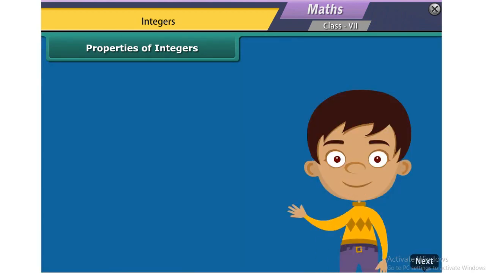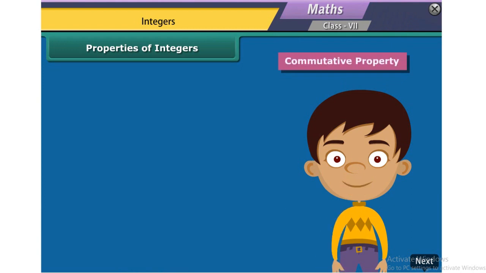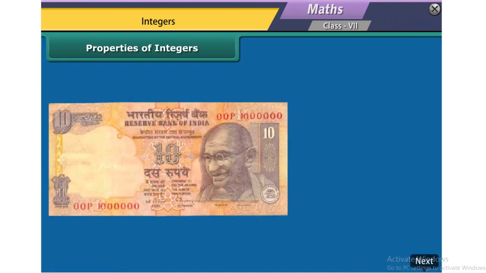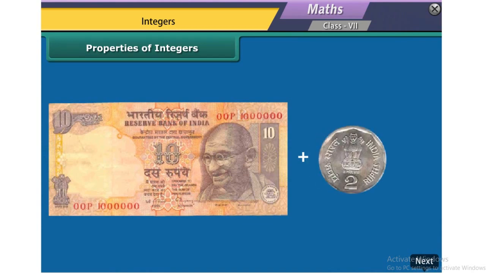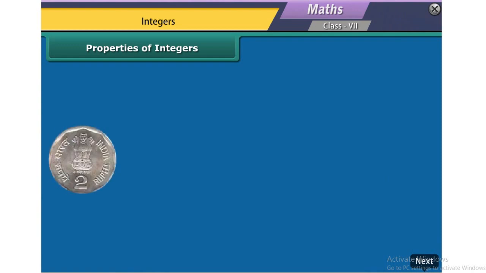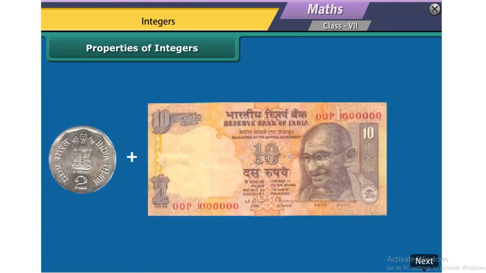Let's now move towards another property, that is commutative property. This is a 10 rupee note. If we add one coin of 2 rupees in it, we will get 12 rupees. Now take a coin of 2 rupees and add one note of 10 rupees in it. Again, we will get 12 rupees.